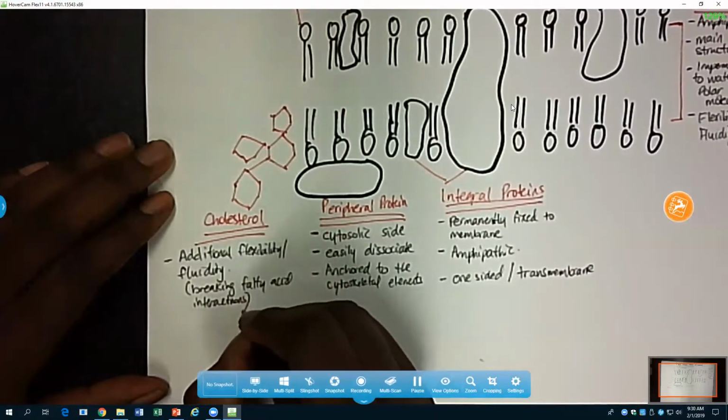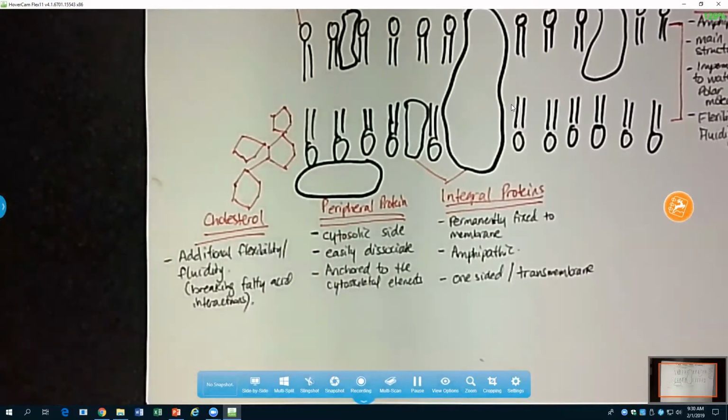So those fatty acid tails can have a propensity to want to stick together, to sort of crystallize, to form this rigid structure. And having cholesterol there helps to break up those hydrophobic interactions and offer some additional flexibility and fluidity to the cell membrane, which is very important.